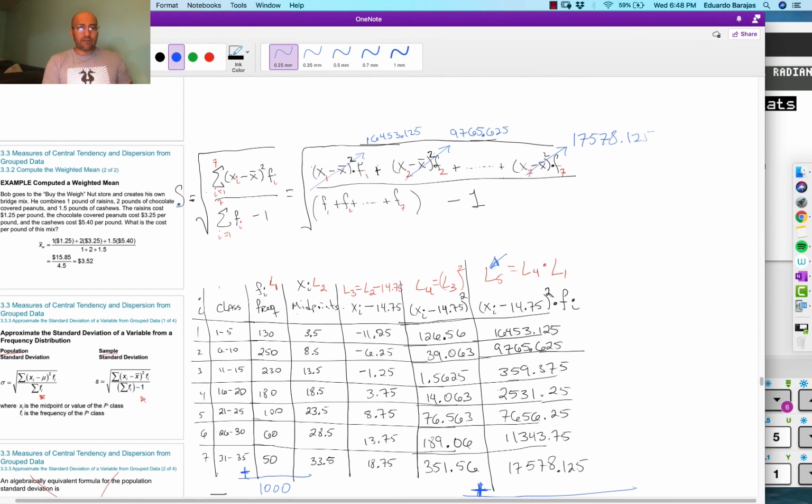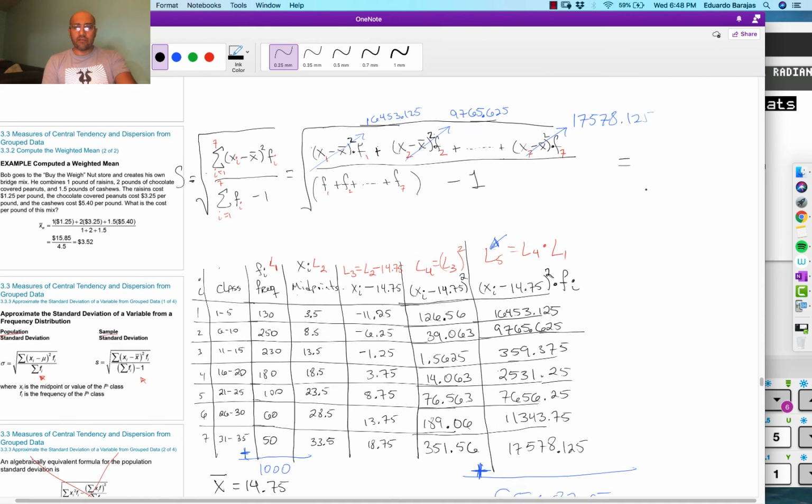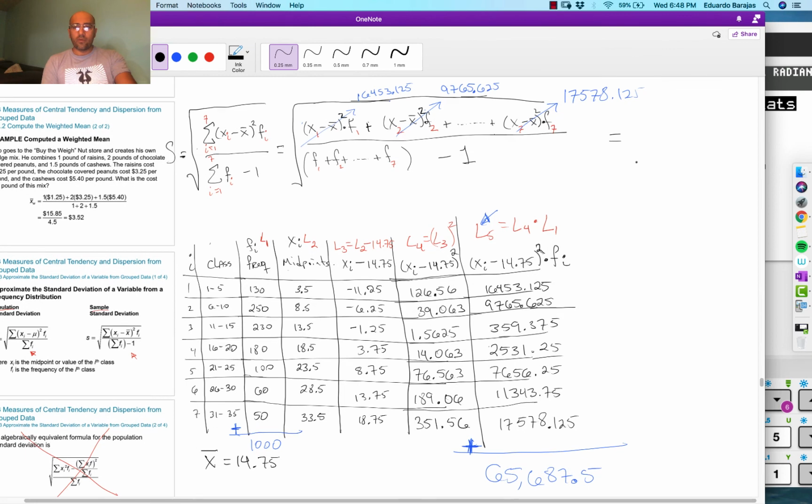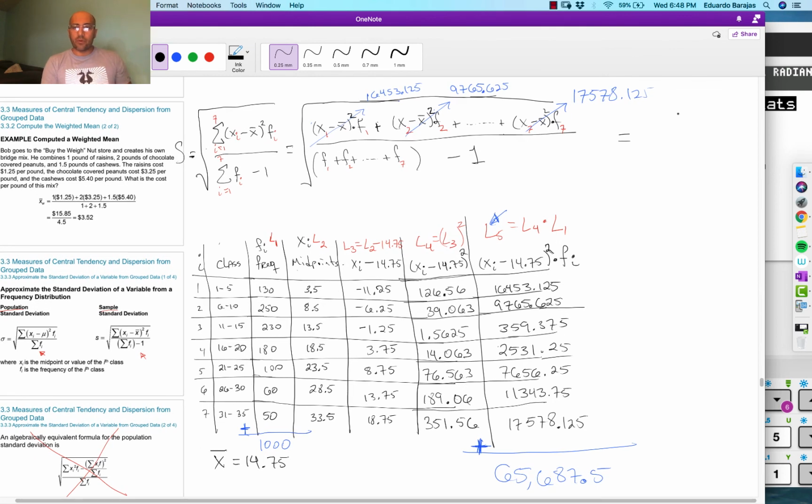The sample standard deviation, that's this formula right here, is equal to this. The numerator is equal to this whole thing. But now we have an answer for that numerator. So this whole thing is equal to a giant fraction where the numerator is going to be 65,687.5.